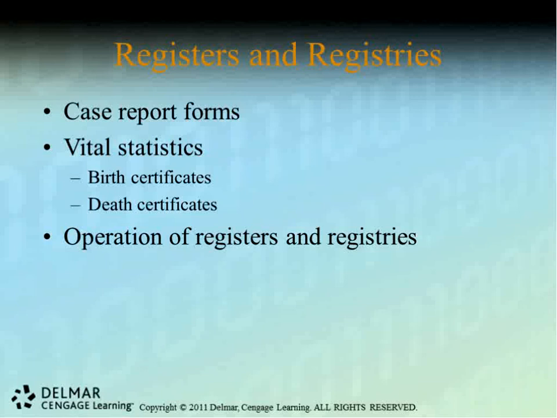Your admission register is usually maintained by your admissions office, and your discharge register by your HIM department, and so it's by discharge date, right, with other associated information. Your HIM department will handle that. Then you've got your death registers. Your HIM department also maintains those, and it's going to be according to the date of the patient's death.